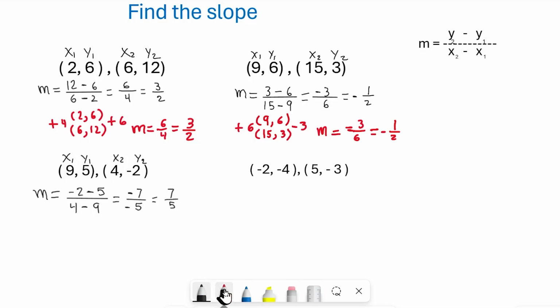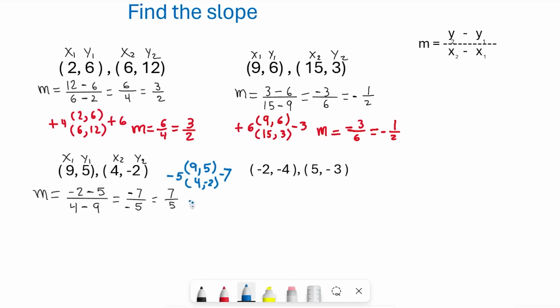Okay. And now let's do the shortcut. Let me write it here, but let me write it with another color. So if I do the shortcut, then it's going to look like this. I'm going to write 9 and 5, and then 4, -2. The rate of change here is going to be -7, and the rate of change right here is going to be -5, right?